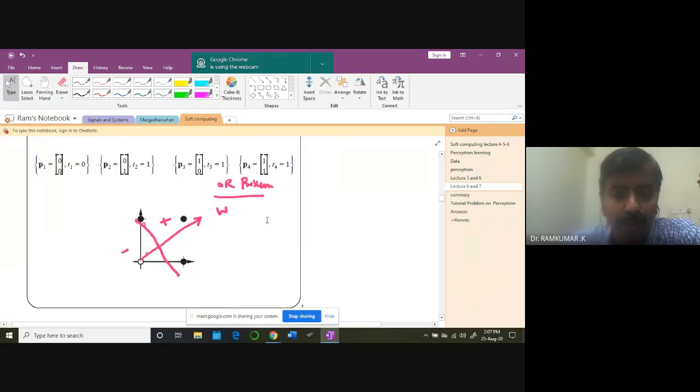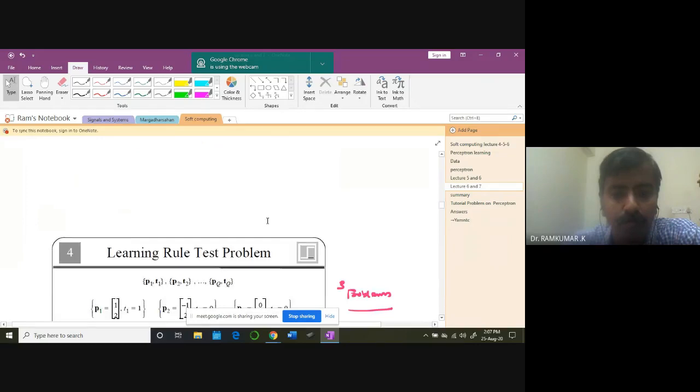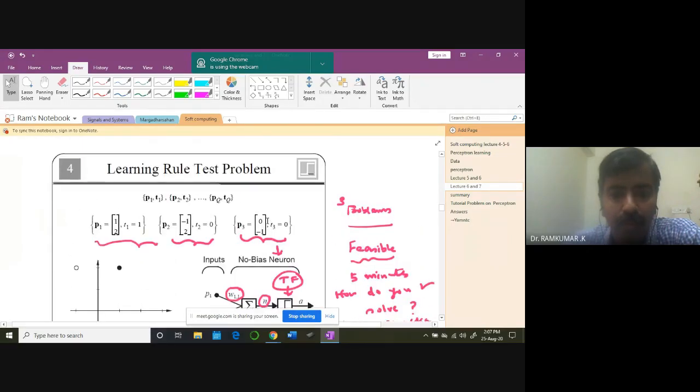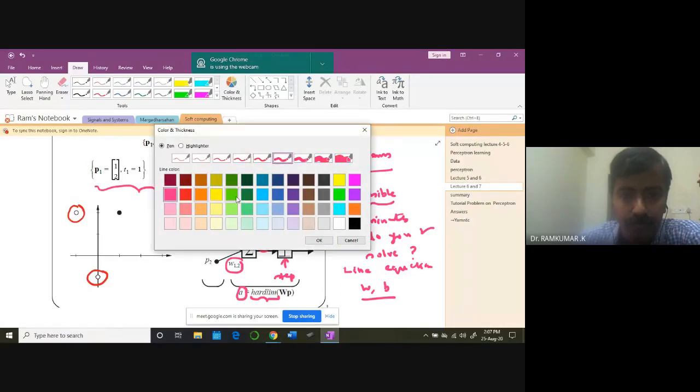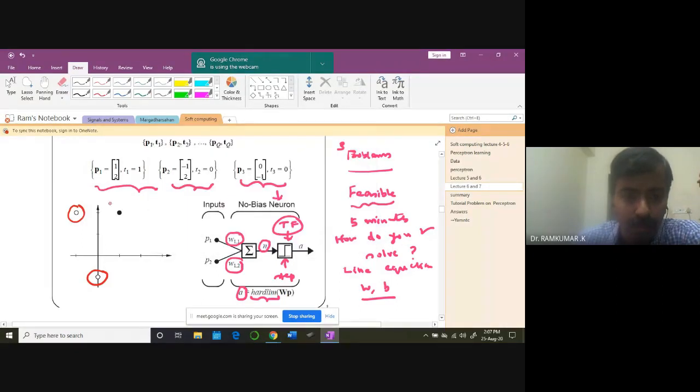With this we learned, and then we worked out an OR problem. These two are one pattern, and this is a different pattern. We need to draw lines in order to separate these two patterns.